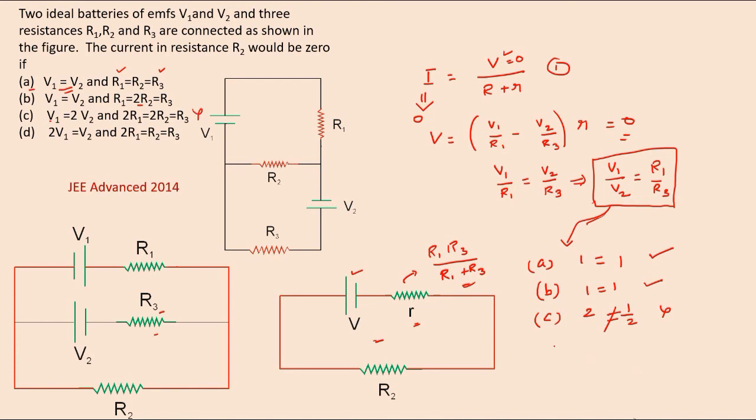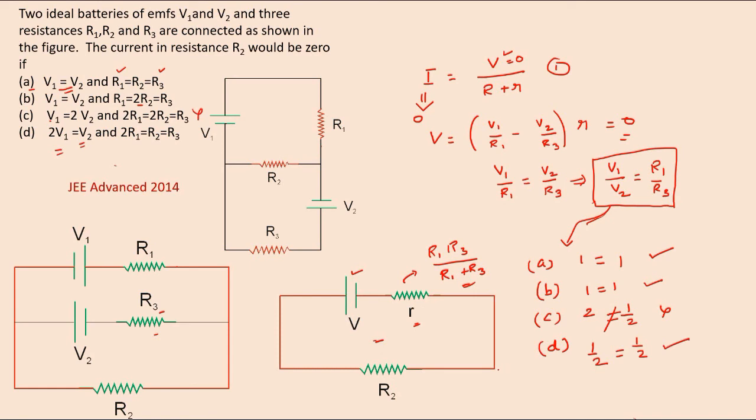Then consider option D. 2V1 is equal to V2, so V1 by V2 is half. Then 2R1 is equal to R3, as you see from here, so R1 by R3 is half. So here also the condition is okay.